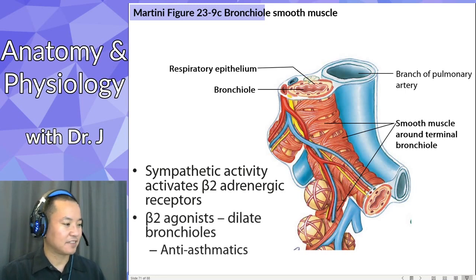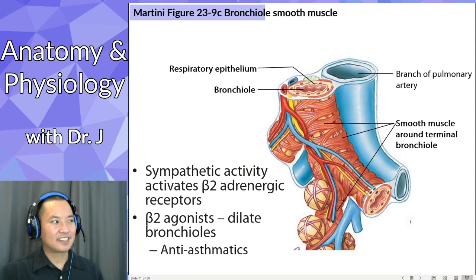So this is why you have anti-asthmatic drugs. With asthma, what can happen is that the mucus in these bronchioles can get thicker, but you can also get the smooth muscle contracting and constricting and narrowing these bronchioles. But when you have something that activates beta-2 adrenergic receptors, such as Ventolin or salbutamol, that actually causes sympathetic activity.